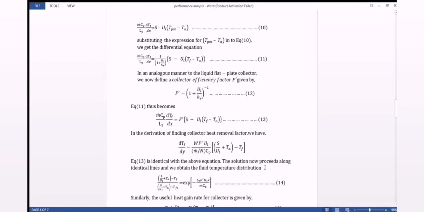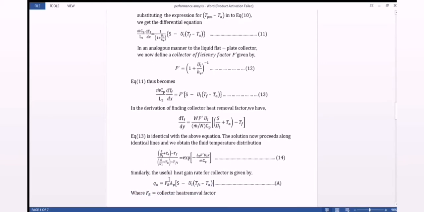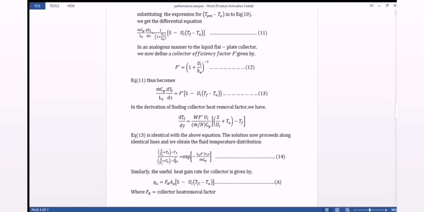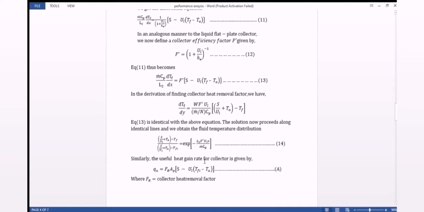Equation 13 is identical with the above equation. The solution now proceeds along identical lines and we obtain the fluid temperature distribution as (S by UL plus Ta minus Tf) divided by (S by UL plus Ta minus Tfi), which is equal to exponential of minus L2 F dash UL x divided by m dot Cp.